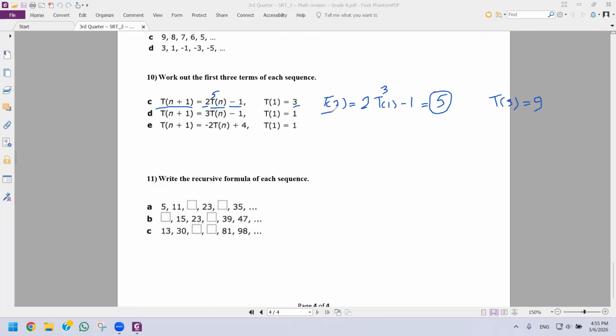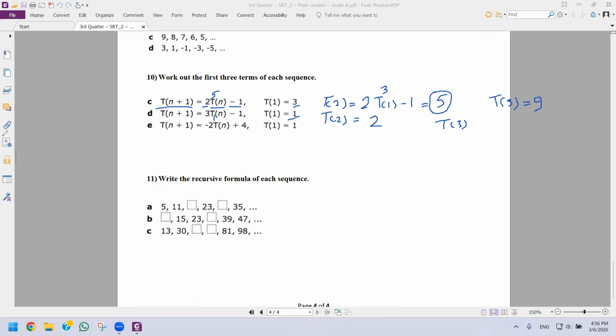Let's do the next one. T2: T1 is 1. Now put it in the formula. 1 times 3, 3, minus 1, 2. Now let's do T3. What's the answer of T2?